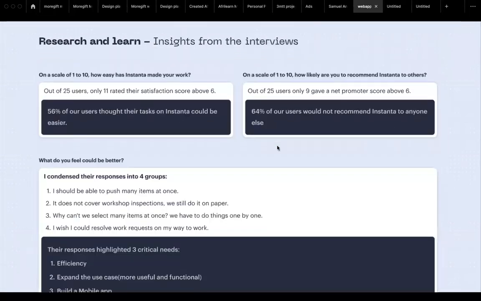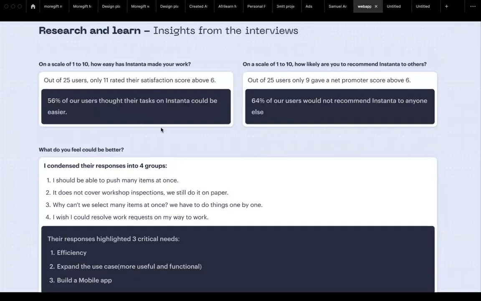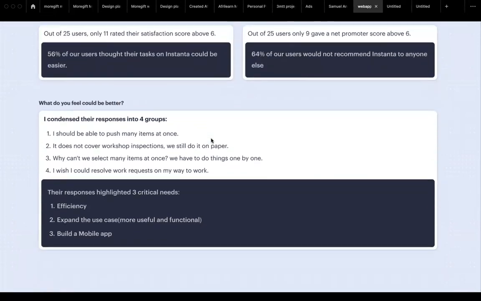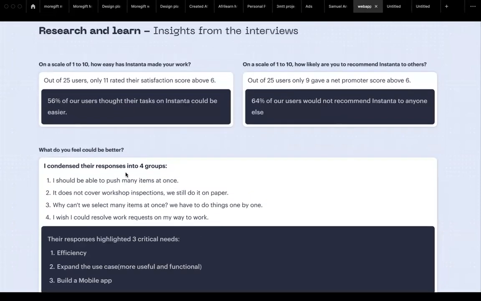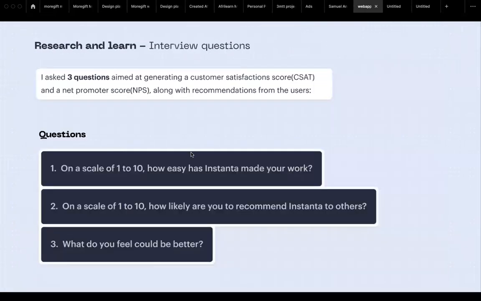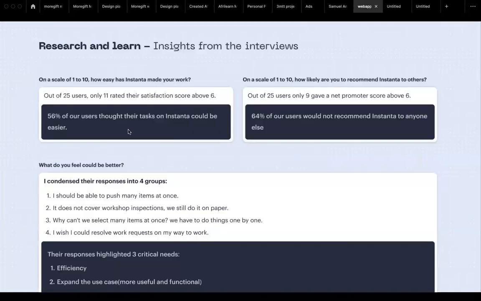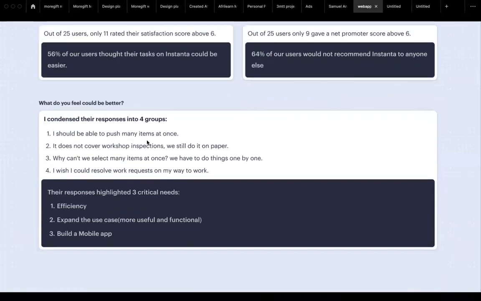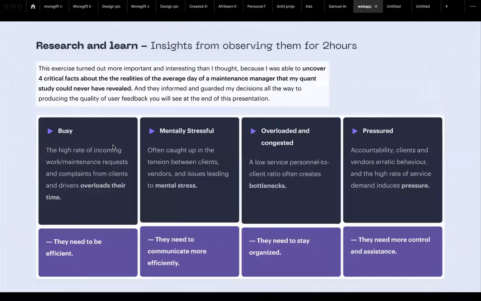What you saw here was quantitative. I was asking questions, getting answers from them, and looking at the percentage or the number of people that were answering in certain ways. This was them measuring it. And I got 56% thought it would be better, and then they gave me a response. But this is a qualitative point of view.